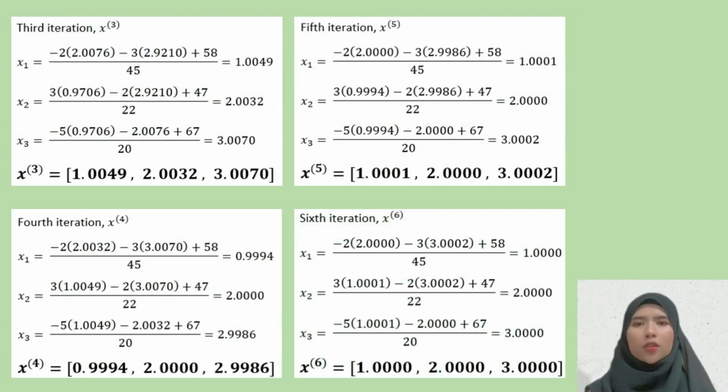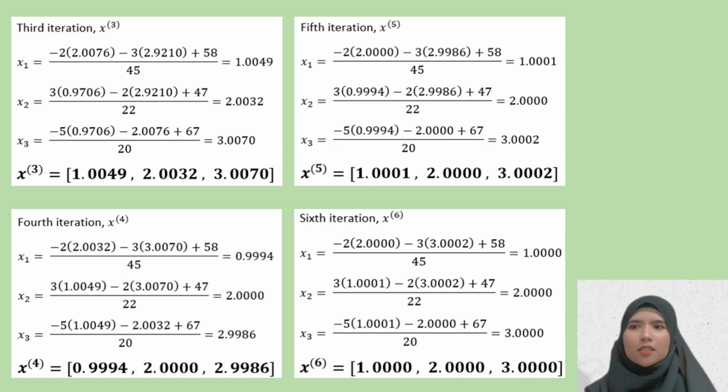After that, we need to continue doing this iteration until we get the converged solution. We find the third, fourth, fifth, and sixth iterations until all the solutions converge. Finally, I got the converged solution at the sixth iteration.